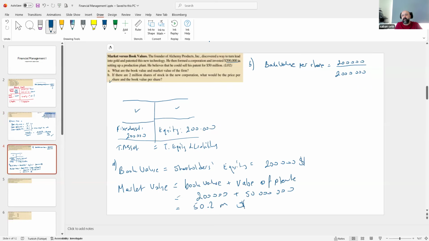This is going to be book value per share, and the market value per share will be $50,200,000 divided by 2 million, and this is going to be the answer for market value per share. So that's it. Next one.